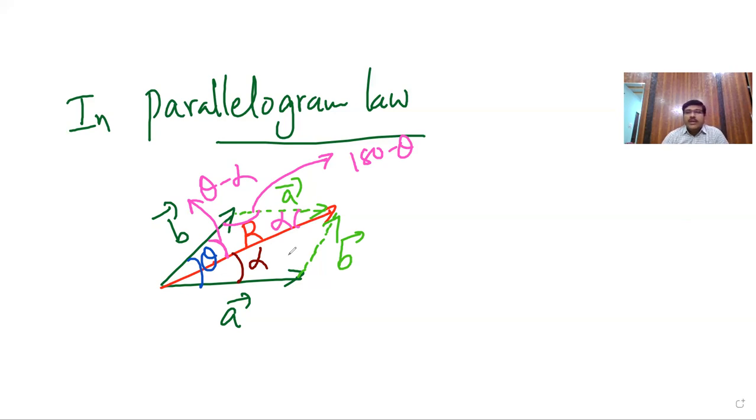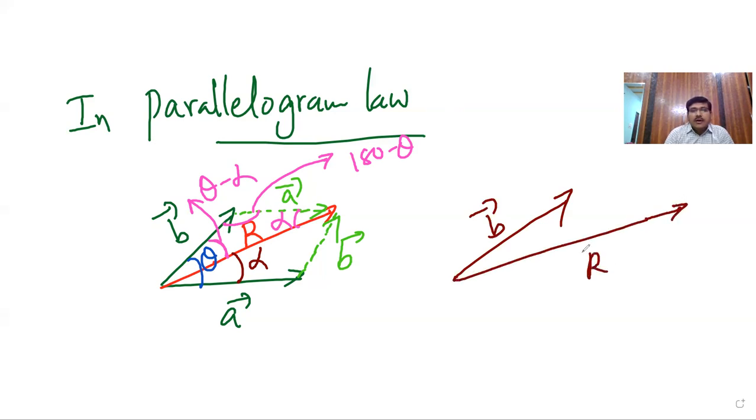Clear? So I highlight this triangle. This is b bar, this is the resultant, and this is the a bar vector. This angle is theta minus alpha, and this is alpha.